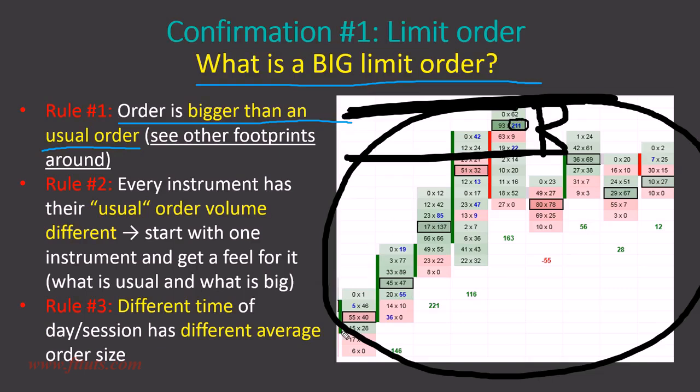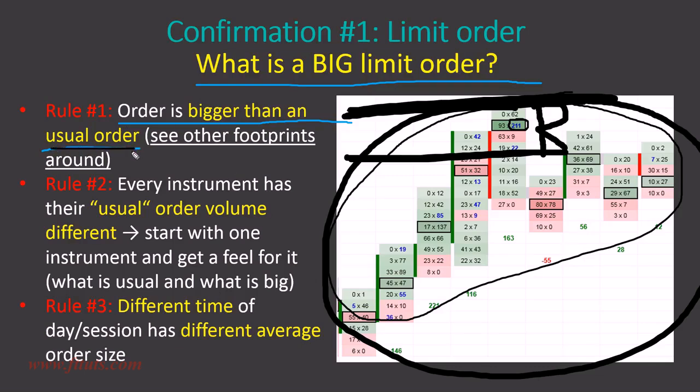Now, if you look at all those numbers and all those footprints around, you can tell that 211 contracts is quite a lot. Actually, it's the biggest number from all those footprints. So this is how you can tell that it is an unusually big number, because it is bigger than any usual order in this area.